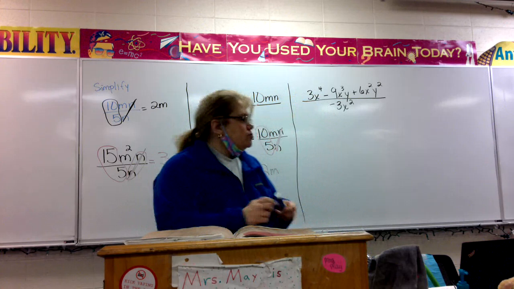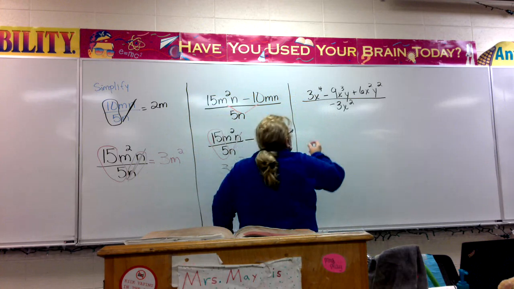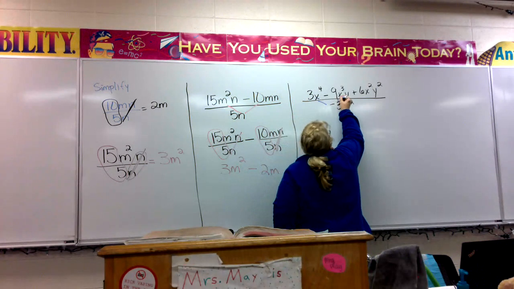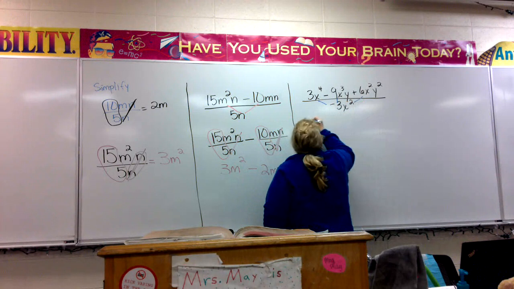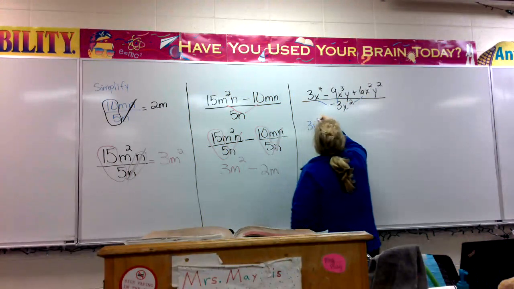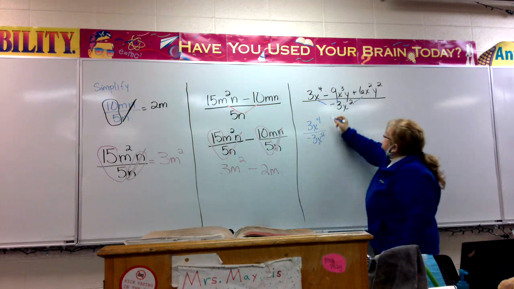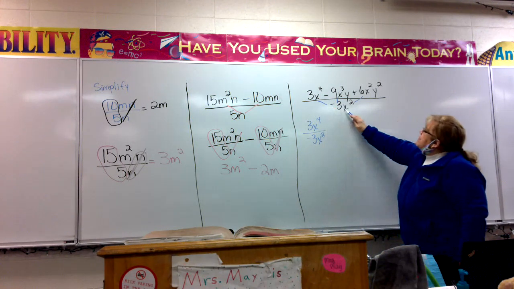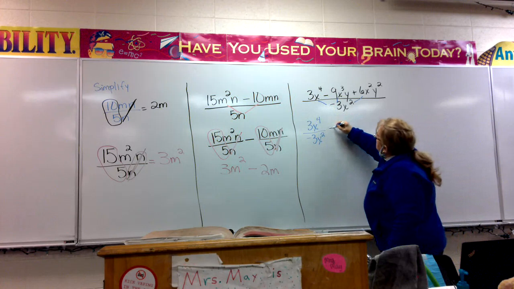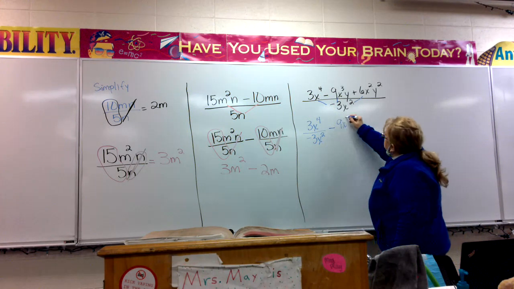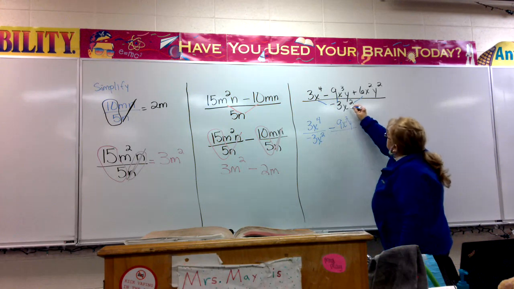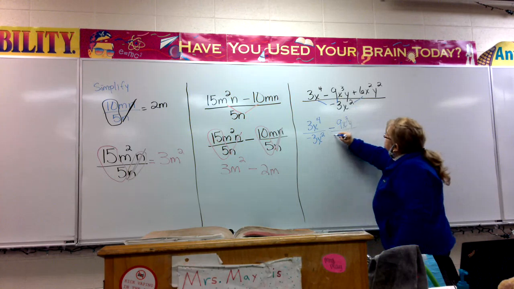the first thing I want you to do when you write it down is, remember, the denominator goes with all of those. So 3x^4 over negative 3x squared, first term over the bottom. Then minus 9x to the third y over the bottom. Be careful because it's negative.